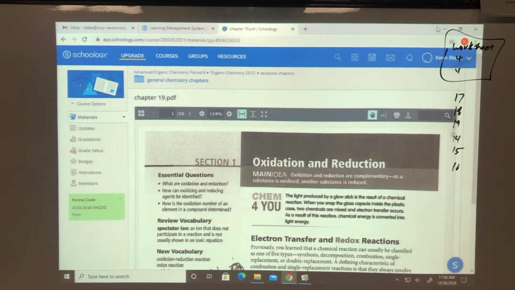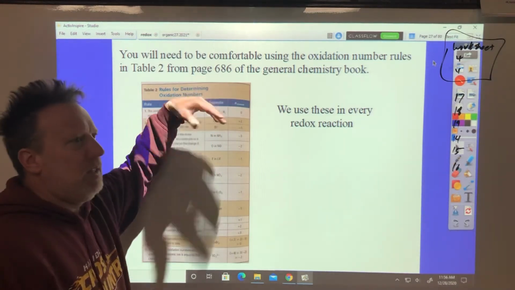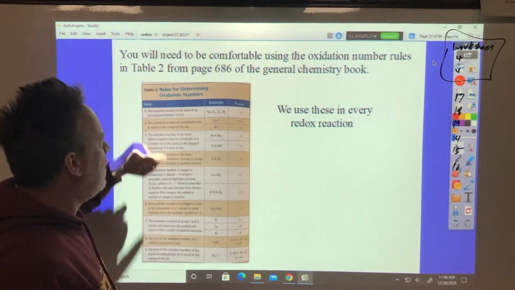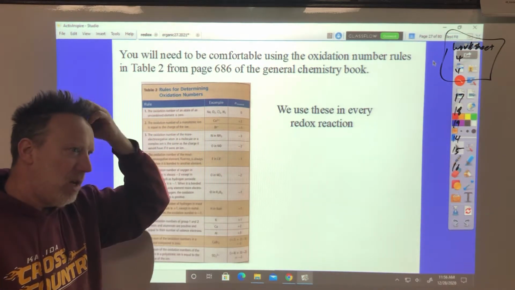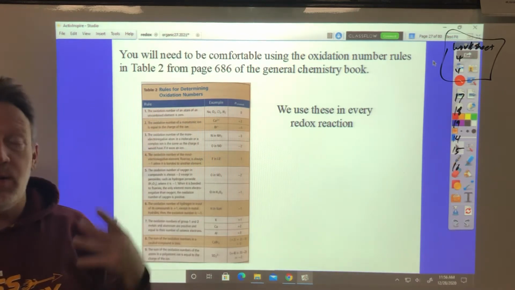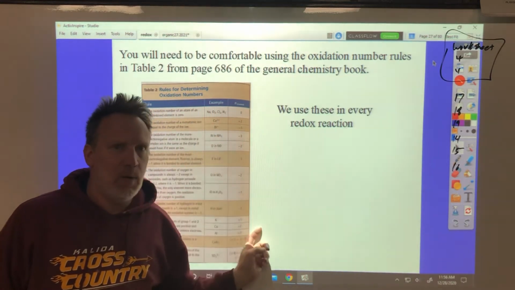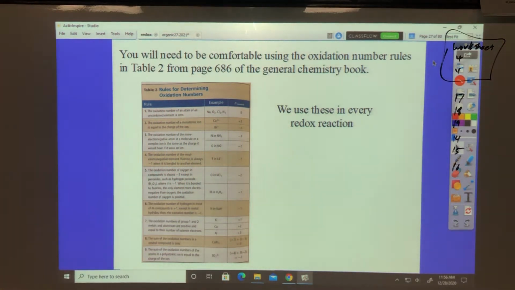Okay, so these redox rules are on page 686 in that chapter, Table 2. And you need to be able to use the redox rules. When I was in college chemistry, you had to memorize the oxidation number rules. I doubt that they would do that today, but you never know. We use these in every redox reaction.